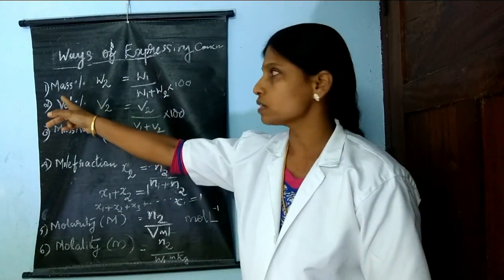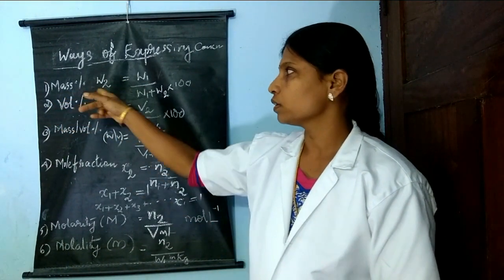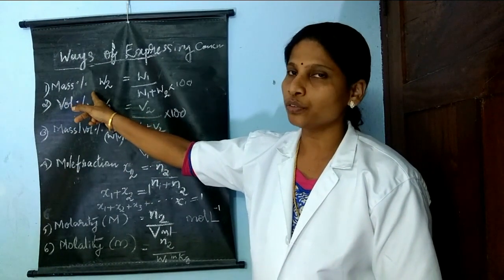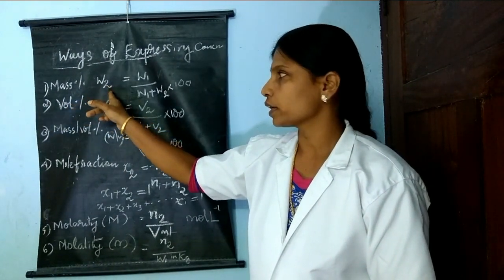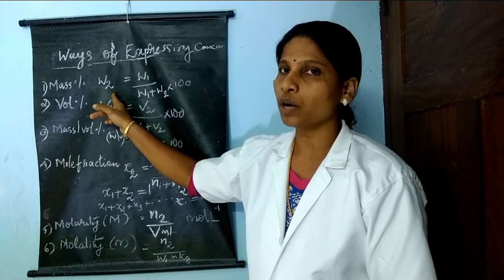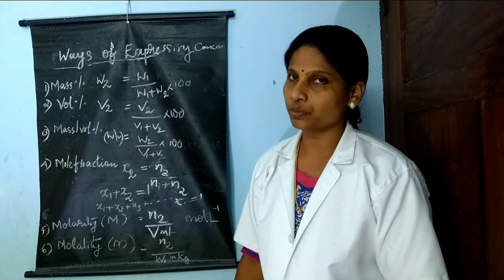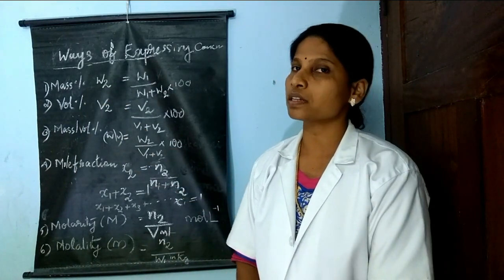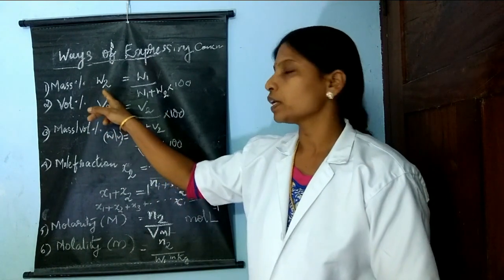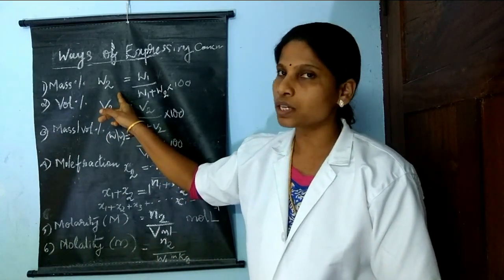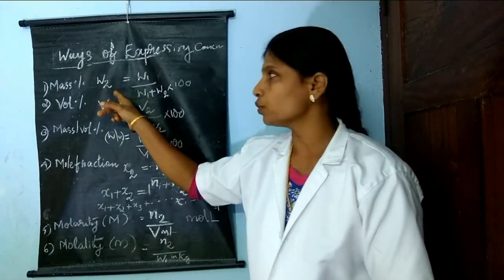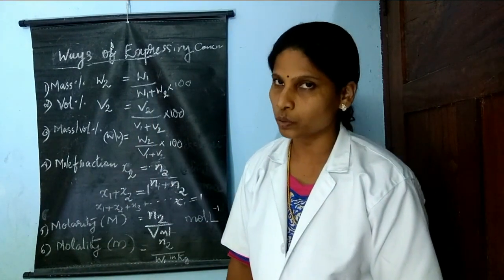Here, first one is mass percentage of the component. Here, we are discussing binary solutions. Therefore, two components are present in a binary solution. W1 be the mass of solvent, W2 be the mass of solute.